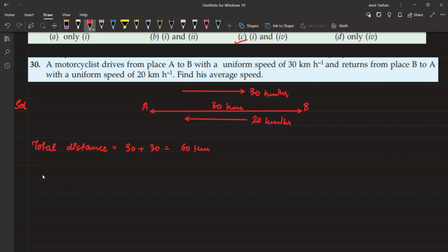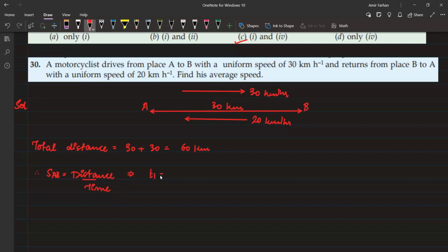So the next would be total time. We don't have total time, but instead I have the speeds of the different journeys, right? So what will I do? I will find the time taken by this journey and the time taken by this journey and add them up. First of all, speed AB, going from A to B, will be distance upon time. I'm assuming this is time 1.